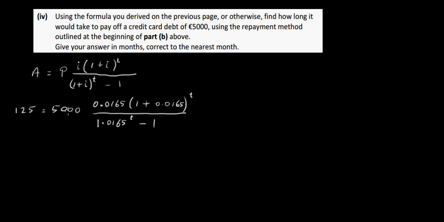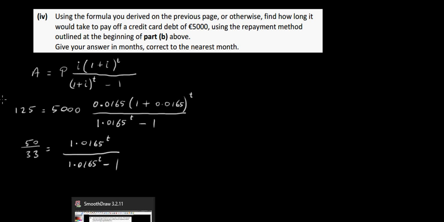So when you do that, you actually get 50 over 33. And that will leave me on the right hand side with 1.0165 to the power of T all over 1.0165 to the power of T minus 1.